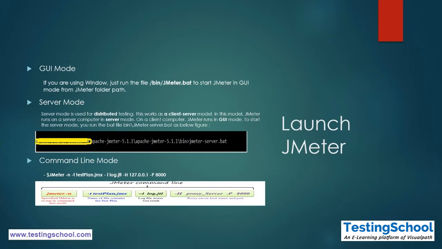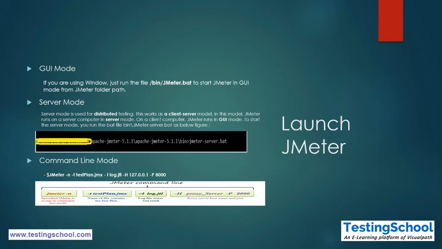So coming again to server mode, how we actually run it is that again you need to go to the bin folder where your JMeter has been installed. Either you can run it through CMD or you can directly double click on the jmeter-server.bat file, and it will execute the JMeter server, and it will be ready for your master slave configuration for distributed testing.